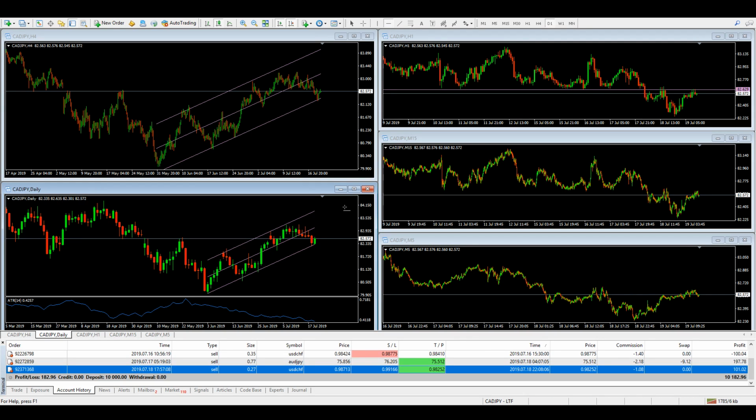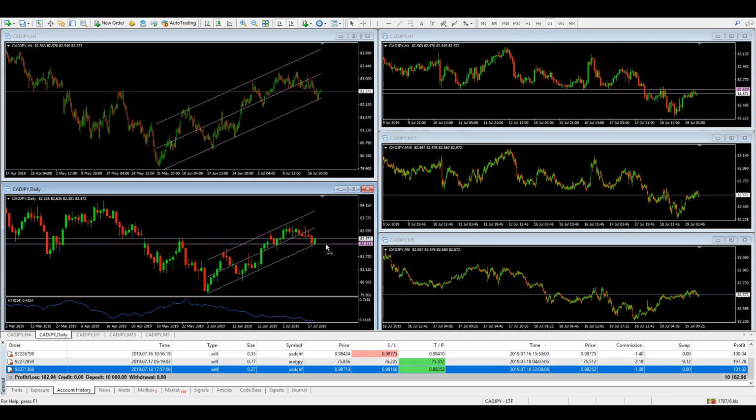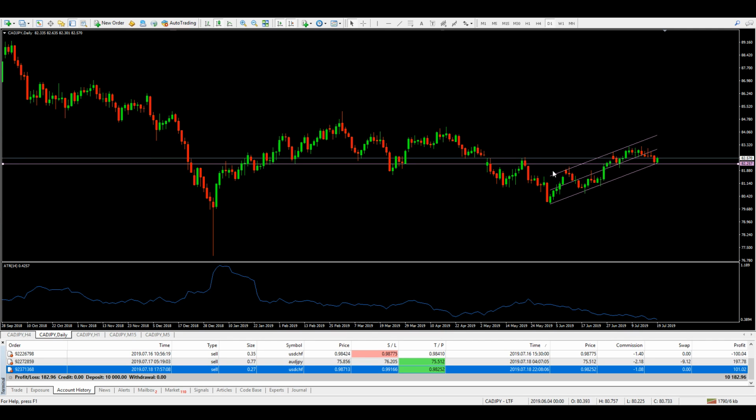I'm sure if I put this to this level that yesterday's candle interacted with. Oh, come on, MetaTrader. There we go. You can see that there's previous levels here where it's interacted with previous support as well.